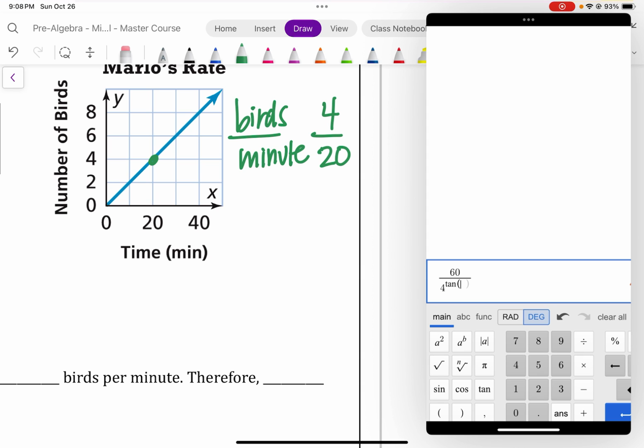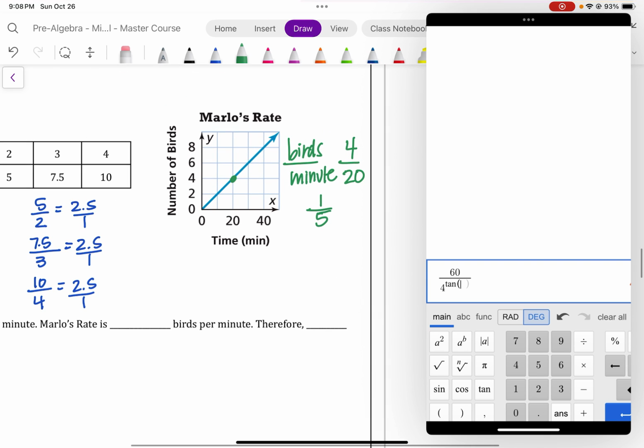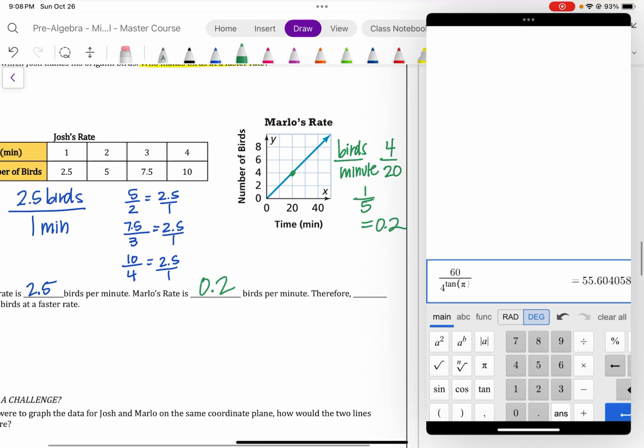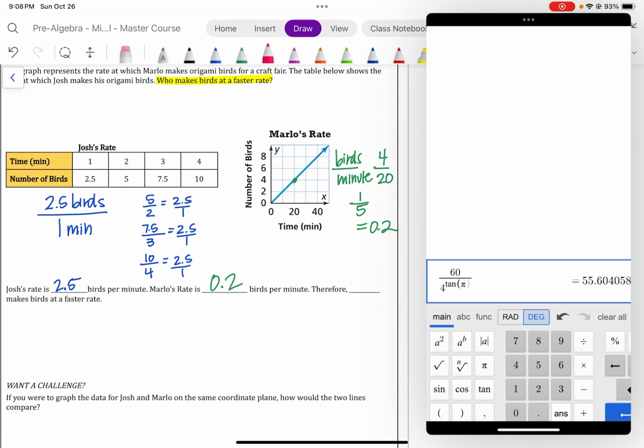Well, 4 over 20 would simplify to 1 over 5, which would be a fifth of a bird. So Josh is moving much faster.